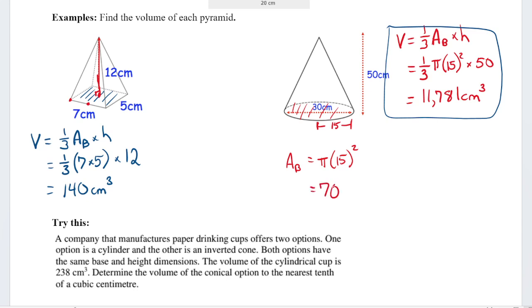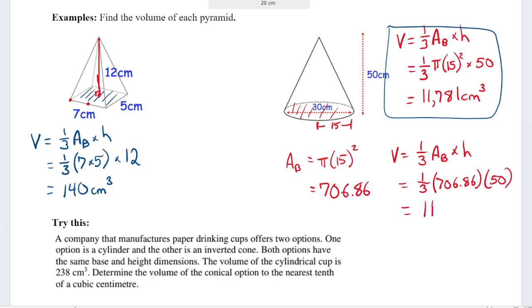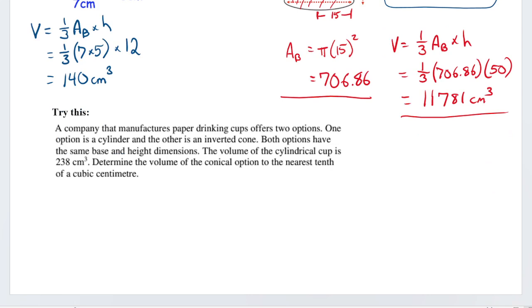Which is 706.86. And then volume is equal to 1/3 area of the base times height, and then just sub in the 706.86 times 50. And you can do it that way. So you can do it in one step or in two. Either one is fine.